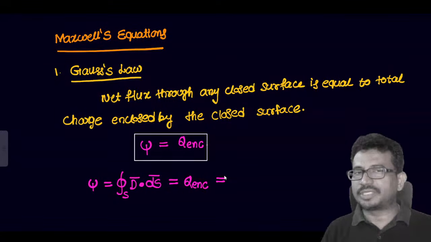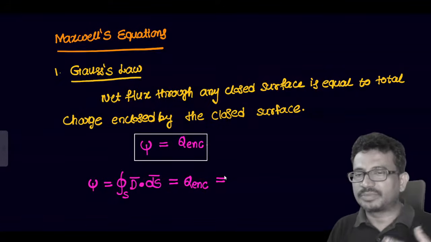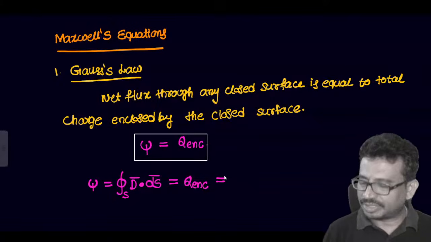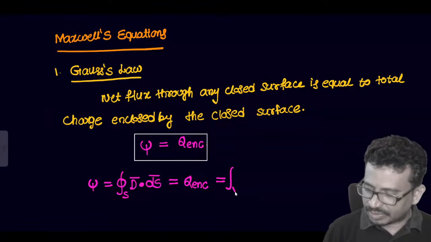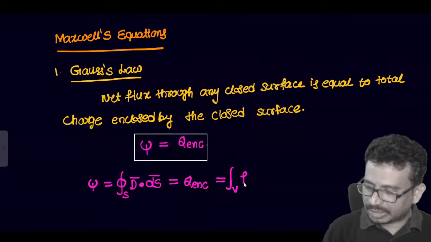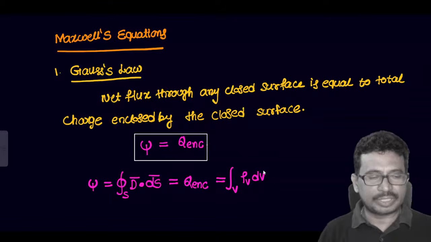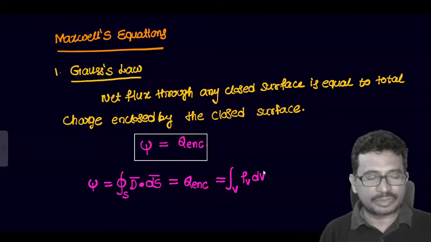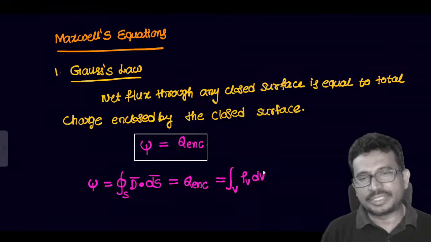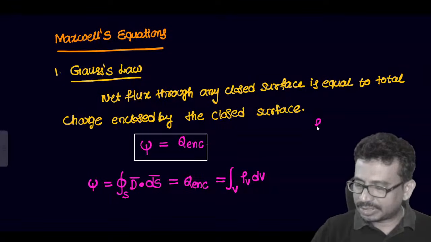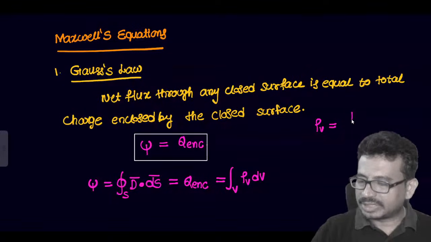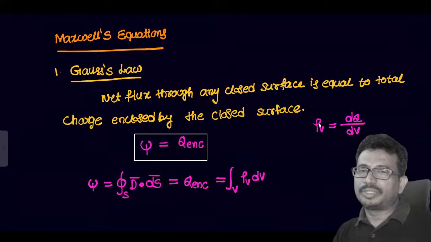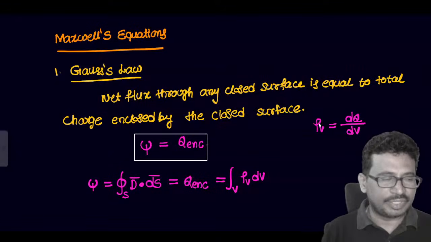Charge in terms of volume charge density can be written as the volume integration of rho v into dv. Rho v is the volume charge density, defined as dq by dv. From that we get the charge, equal to the volume integral of rho v into dv.